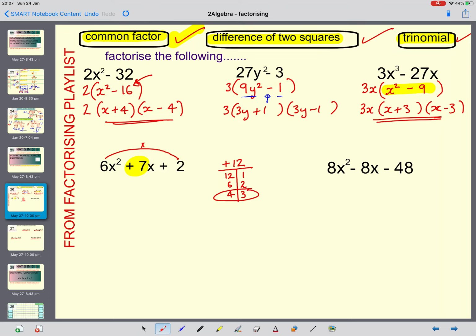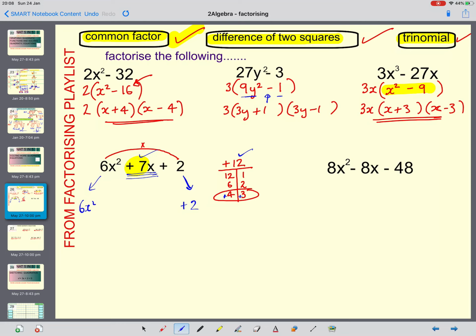So just double check with yourself. 4 multiplied by 3 gives you a positive 12, and 4 add 3, they're both positives, gives you a positive 7. So what's going to happen now is these 2 terms are going to drop down, so your 6x squared and your positive 2 drops down. I'm going to make this positive 7x look a little bit different, still worth the same.